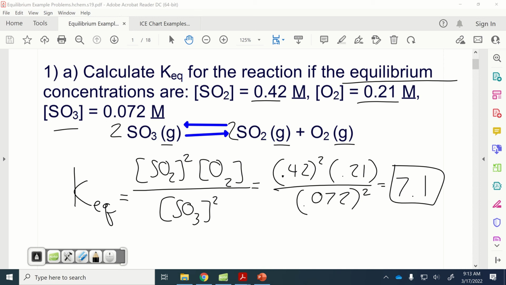Now, there is actually one thing I just thought about with this that I did not mention. With the K, you can tell which side is favored based on the size of the K value. Because the K is greater than 1, equilibrium prefers the products.